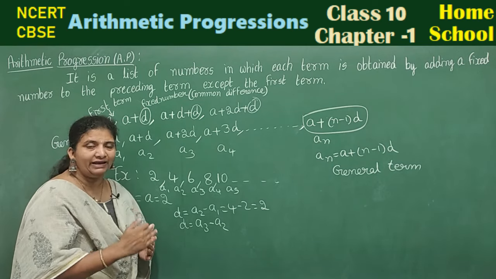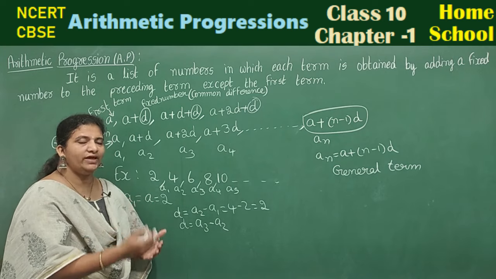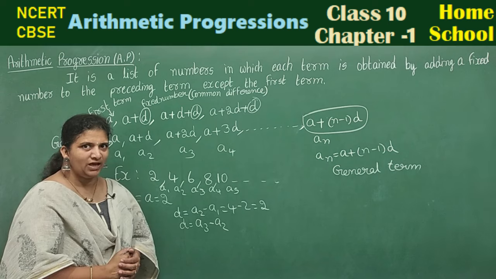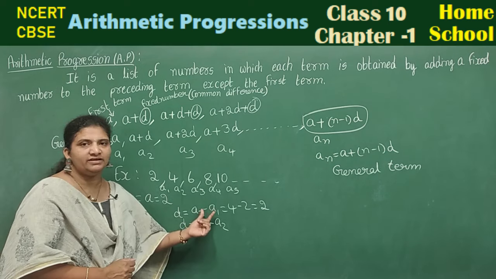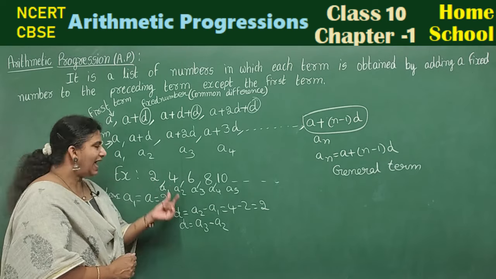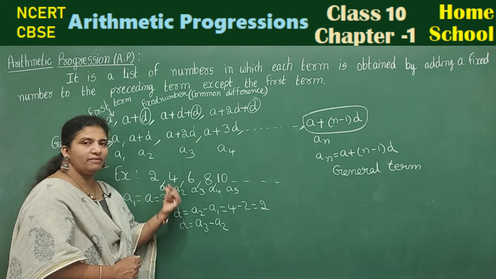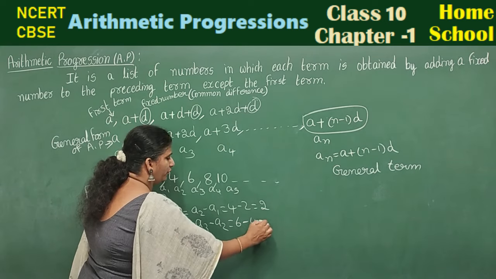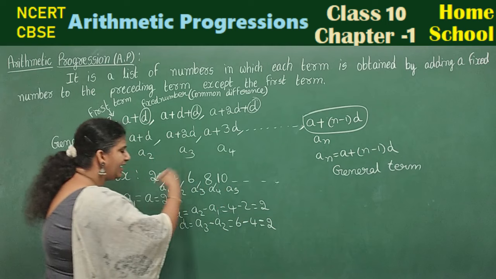In order to find that fixed number, we need to subtract the preceding term from the succeeding term. So A2 minus A1, 4 minus 2 will be 2. And the next pair, A3 minus A2, that is 6 minus 4. That will be 2.